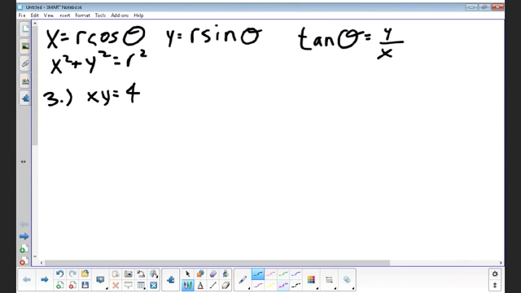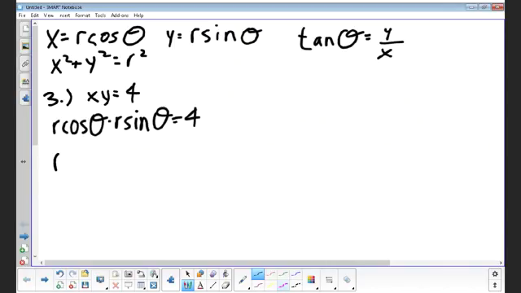So x is equal to r cosine theta times y, which is equal to r sine theta, and that's equal to 4. So we're going to divide our cosine and sine theta over and get this as r in terms of theta.